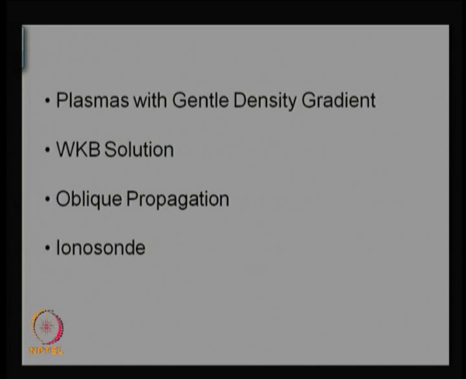I will discuss a few cases where plasmas with gentle density gradient are found, and then discuss the propagation of waves on the basis of WKB solution, and then I will consider the case of oblique propagation of an electromagnetic wave to a density gradient in a plasma, and finally I would like to discuss the application of this analysis to a technique called ionosonde to determine the electron density profile in the Earth's ionosphere.